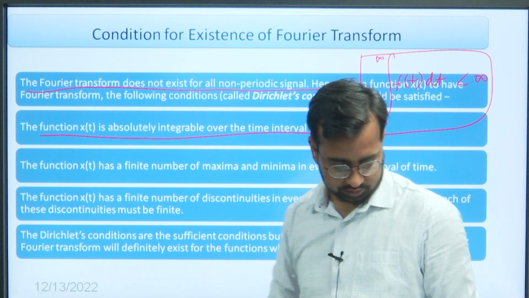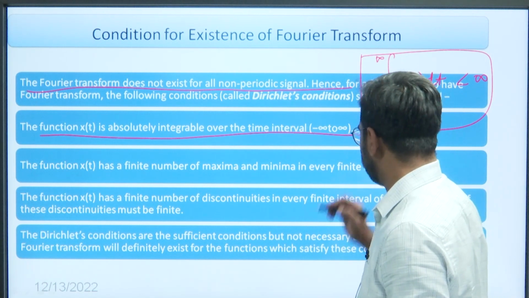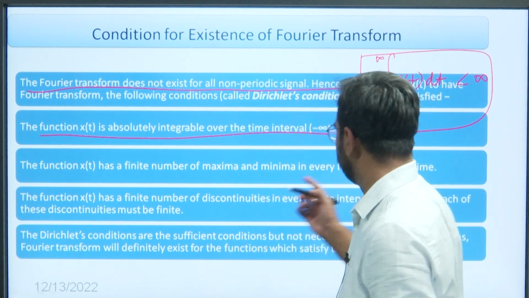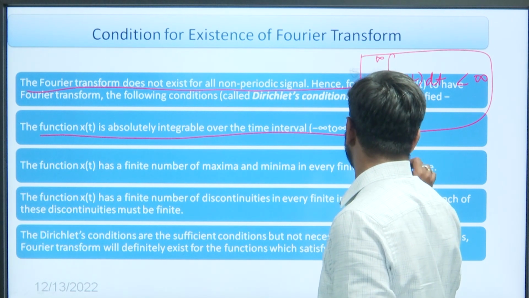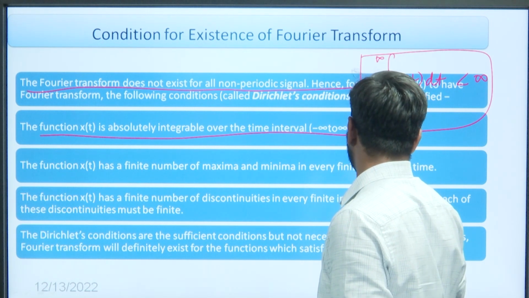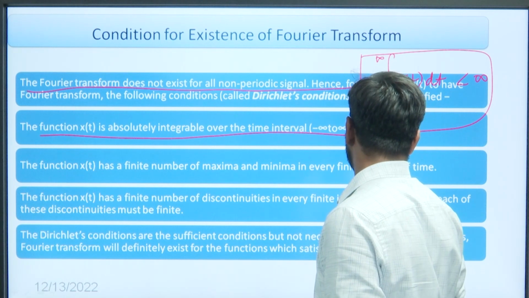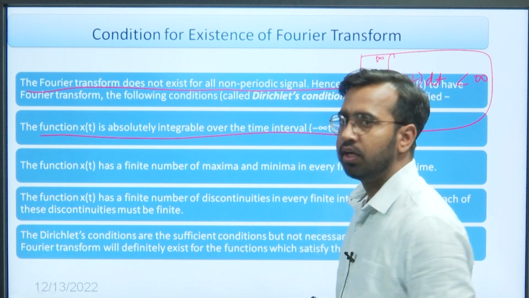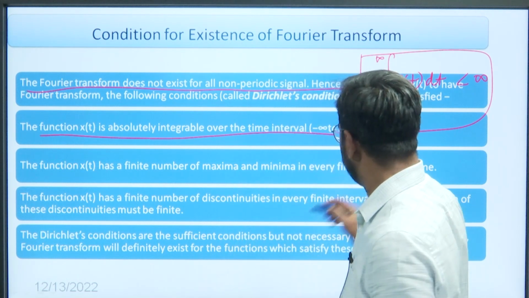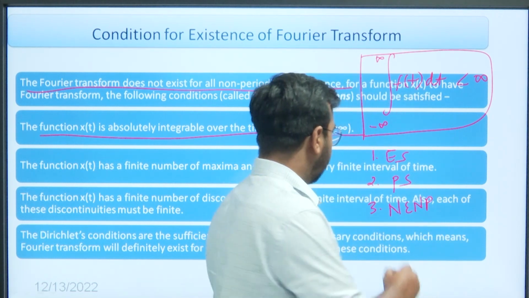If you remember from unit 1, we had three types of signal: energy signal, power signal, and neither energy nor power signal. What was an energy signal?